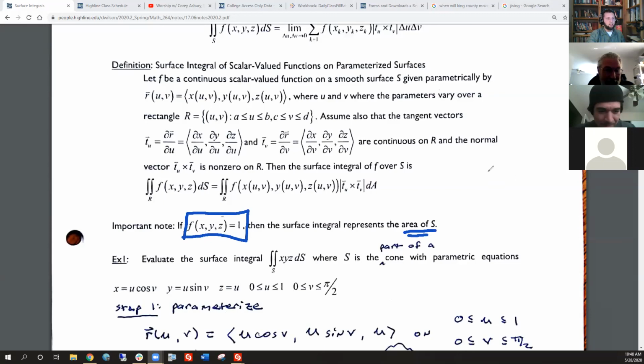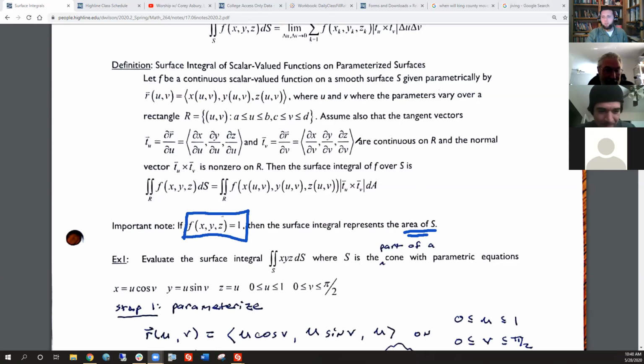If we had a double integral with the integrand 1 back in chapter 16, then that would represent area. If we had a triple integral, it would represent volume. If we had a 1 in the line integral world, it would give us arc length. Here, the 1 will give us the surface area. So just a little side note.